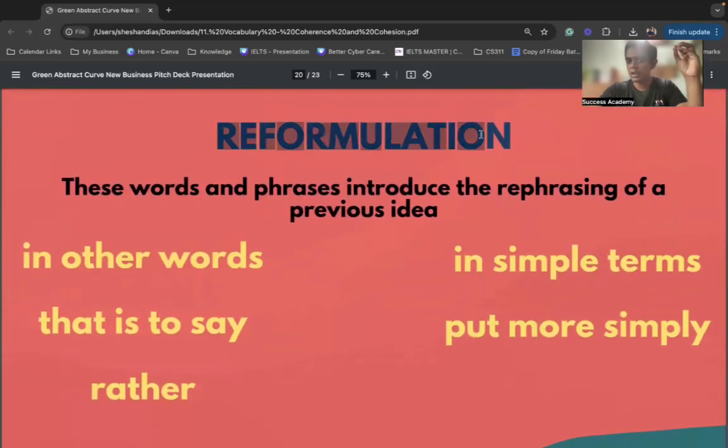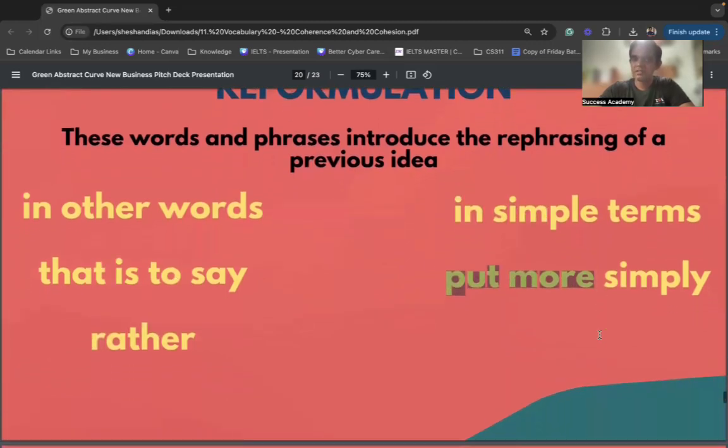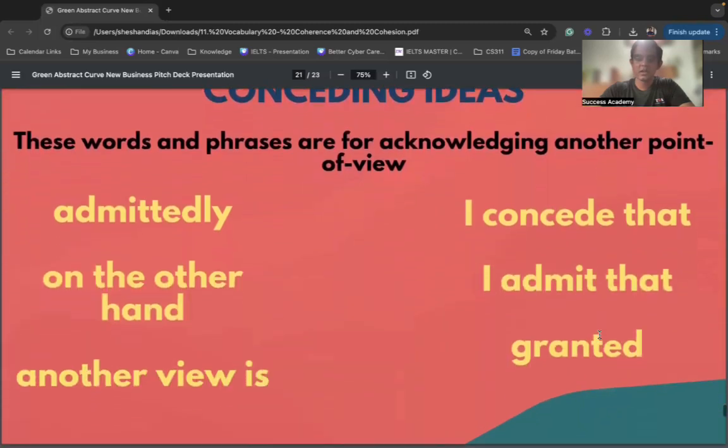Reformulation: if you write the meaning of something and you want to explain it further, let's say you write a specific sentence, but you want to make it more simple, easy so that people will understand. You can say, in other words, that is to say, rather, in simple terms, put more simply. These are some of the phrases you can use.